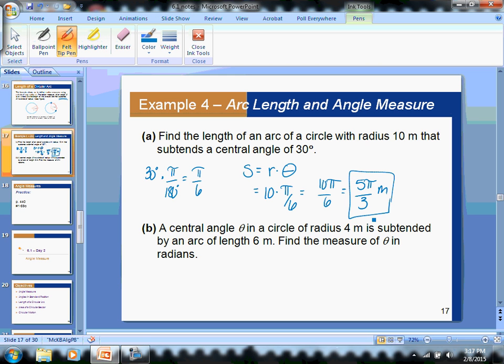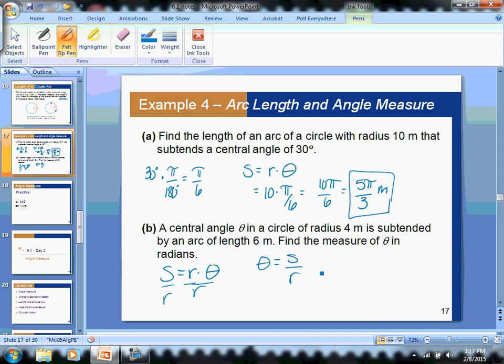Okay, for part B now, they give us a central angle in a circle of radius 4, and it is subtended by an arc of 6 meters. So find the measure of theta in radians. Now we're using the same formula essentially, S equals r times theta, except if we're finding the measure of theta, they have solved this by dividing by r. So we're using that secondary formula, S over r.